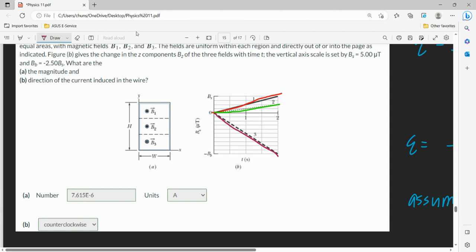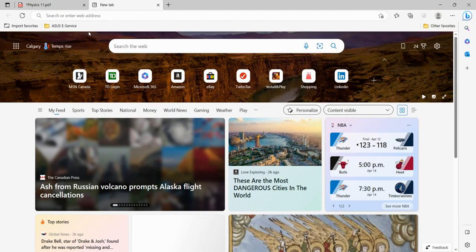Our scale is set by, so this is negative 2.5 of our Bs, which is equal to, so that's 5 times 10 to the negative 6 times 2.5.